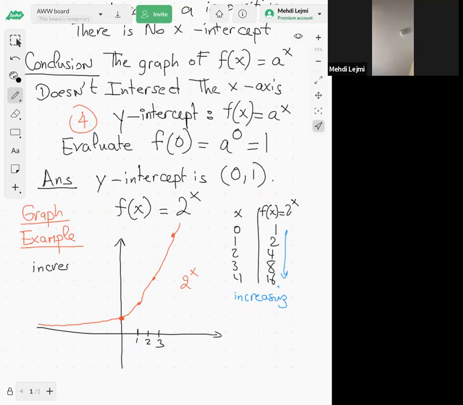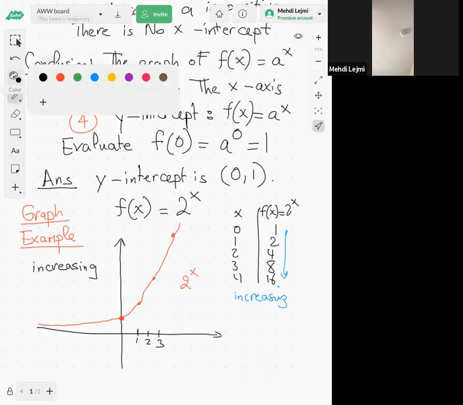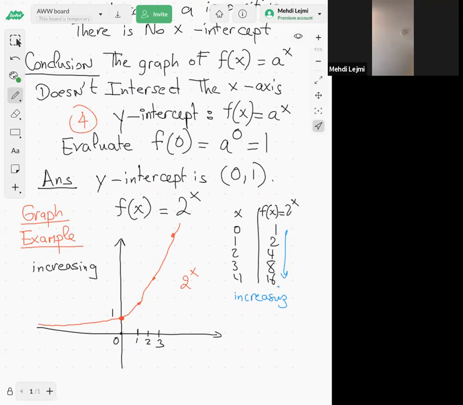Also, 1 here, 2 to the power 0 is 1, that's your y-intercept. But yes, the graph is not supposed to intersect the x-axis, right? So here there's no intersection. The graph and the x-axis don't intersect.